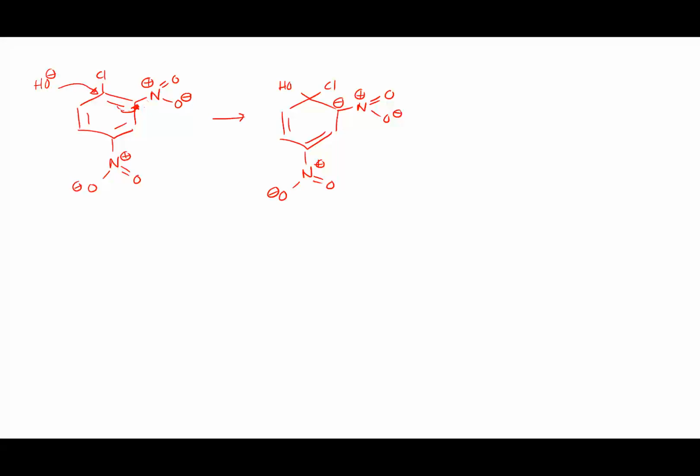So my question is, why does the nitro group have to be ortho and para? What is this nitro group doing to that negative charge right here?